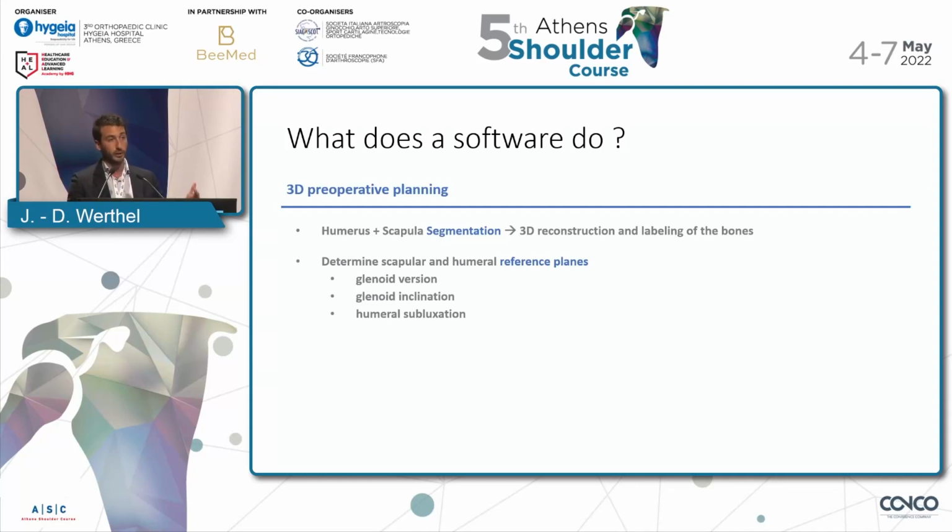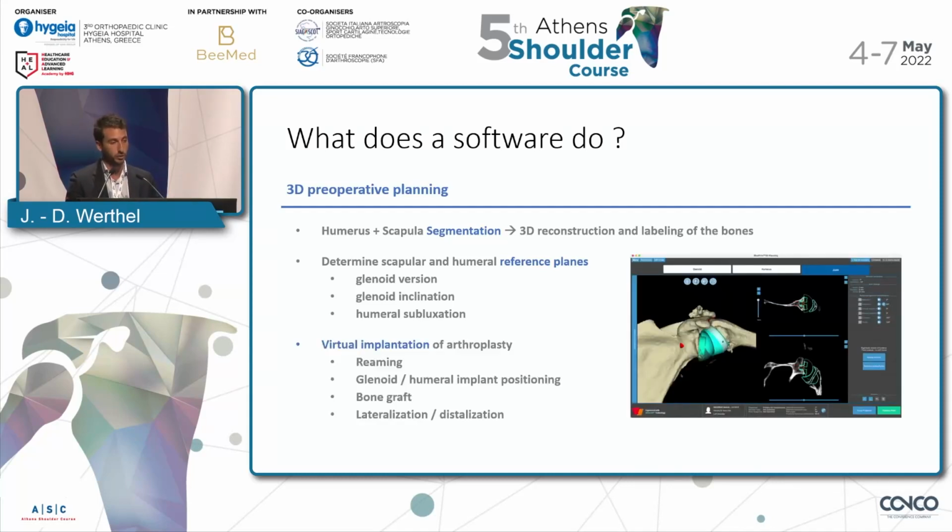In order to obtain glenoid version, inclination, and subluxation, then most softwares allow you to virtually implant the arthroplasty, and so determine reaming, glenoid humeral implant positioning, bone graft, assess lateralization, distalization, and some softwares allow you to have a simulation. And again, as we've seen, simulation is not very precise for now because it's only passive, it doesn't take into account soft tissue, and it's only glenohumeral. We have no idea what's going on in the scapulothoracic joint.